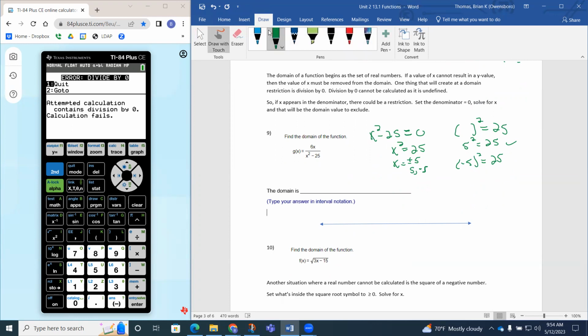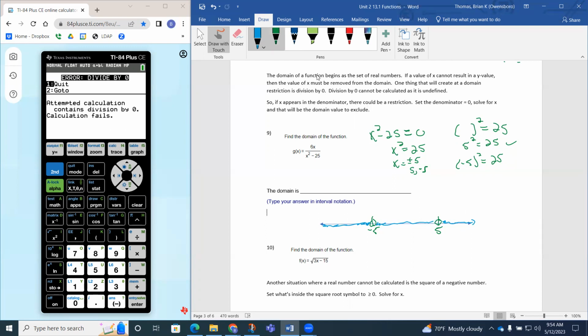On my number line, the values that we're excluding would be the negative 5 and the 5. So those are going to be where it's open. So our domain is going to be everything else on the number line. Our domain is everything to the left of negative 5. The domain is everything in between negative 5 and 5. And the domain is everything to the right of 5 as well.